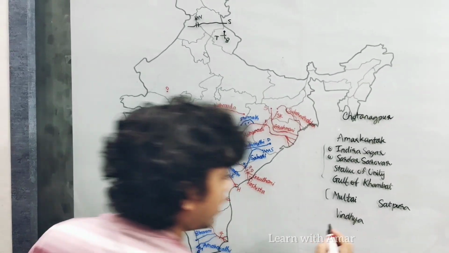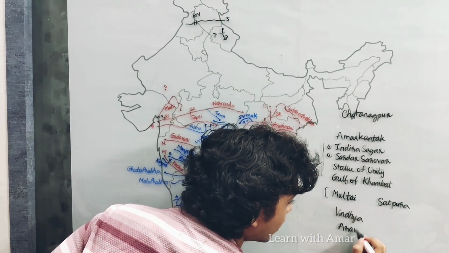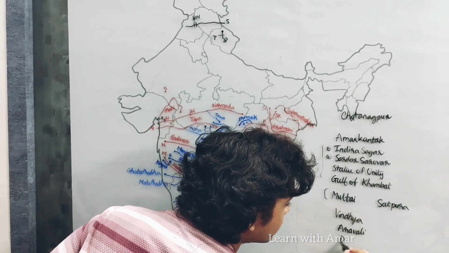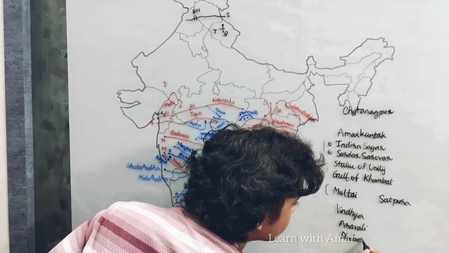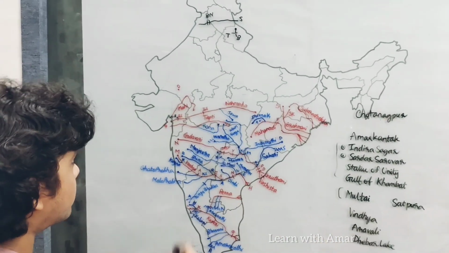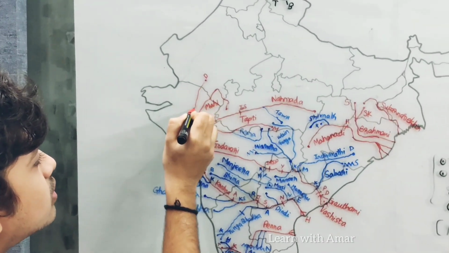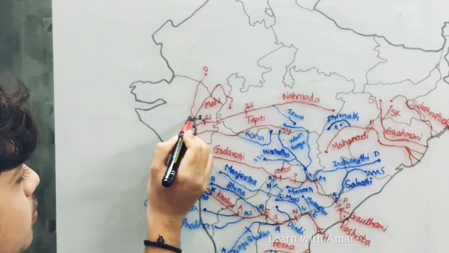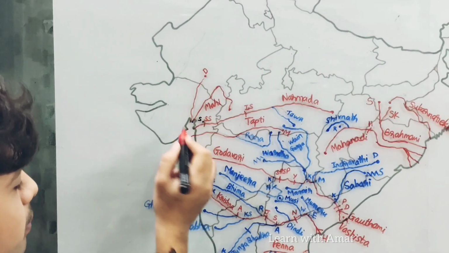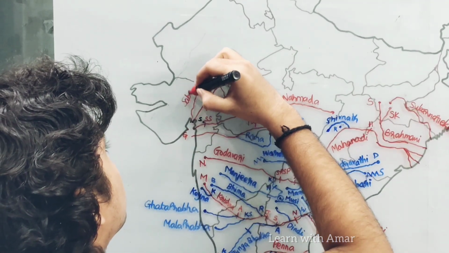These are also an important mountain range, Aravali. This is where Sabarmati originates. It flows through Rajasthan, Gujarat, and also empties into the Gulf of Khambat, Arabian Sea. So this is Sabarmati.